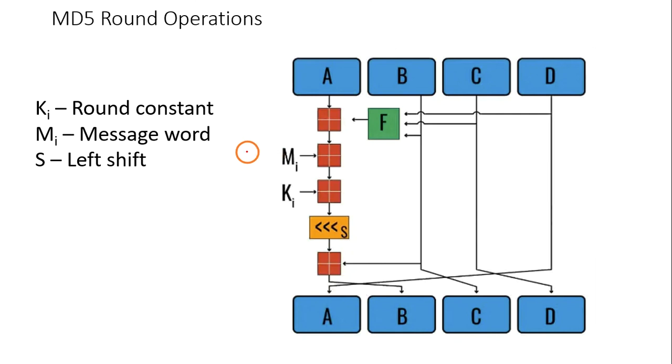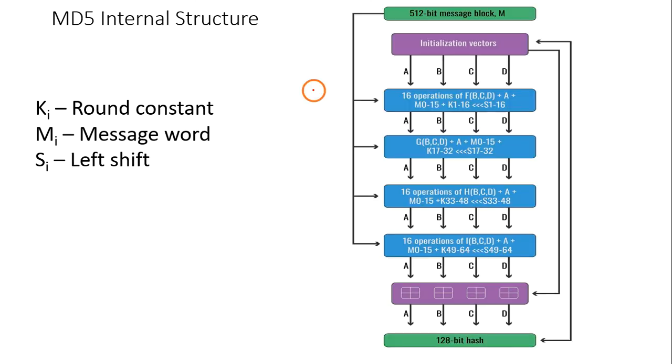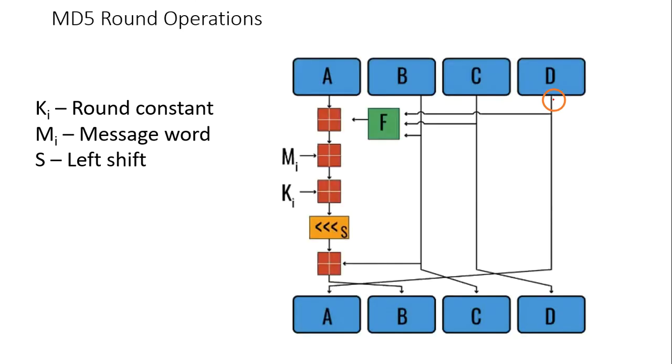So this is the round structure. If you see in the previous slide, each round is getting four things as input, right? The values of A, B, C, D. So these are the inputs.